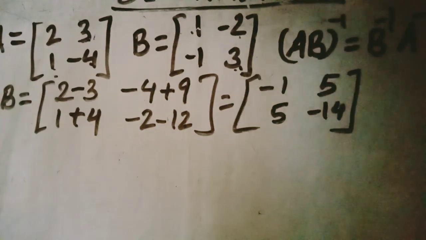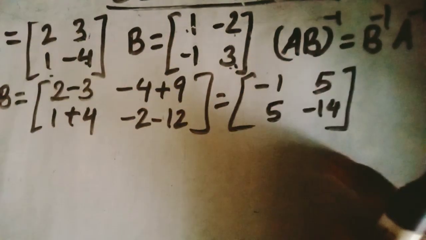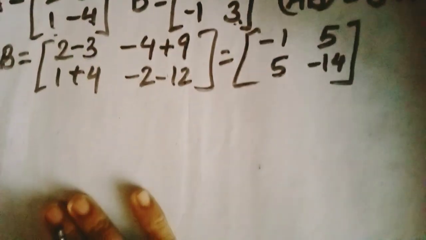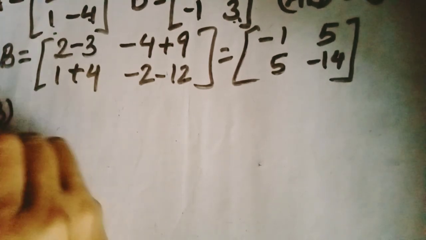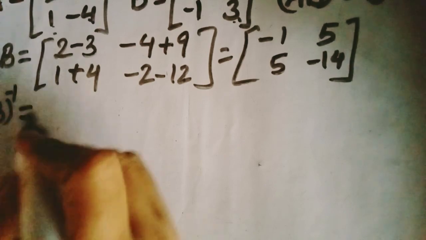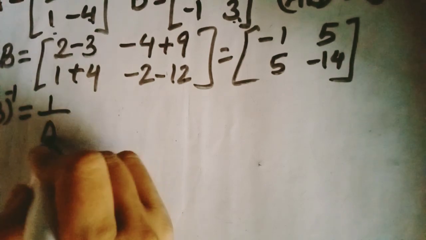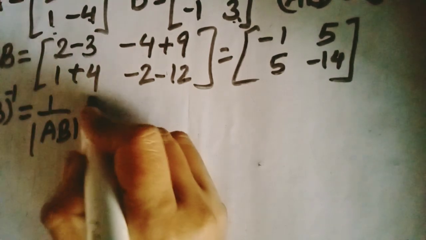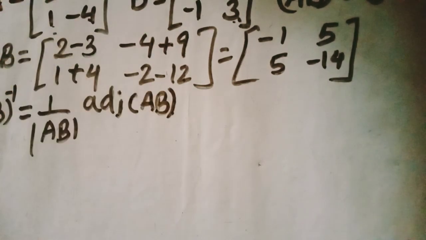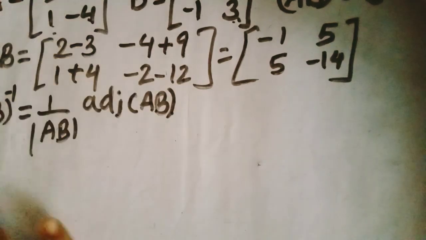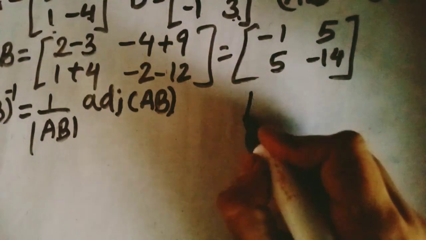Now to find AB inverse, you have to make use of the adjoint. So I am writing here directly AB inverse equal to 1 upon determinant of AB into adjoint of AB. So first you find out the determinant of AB.